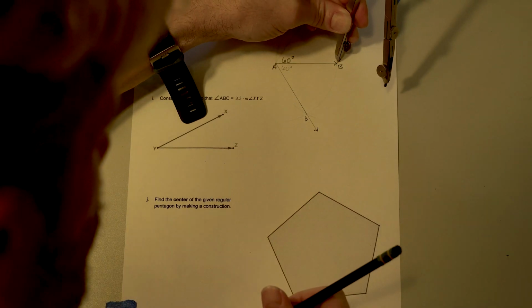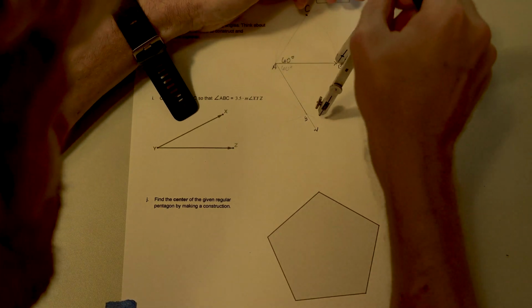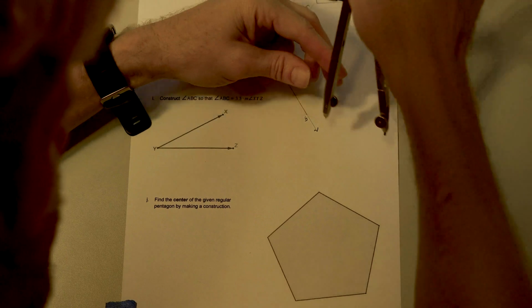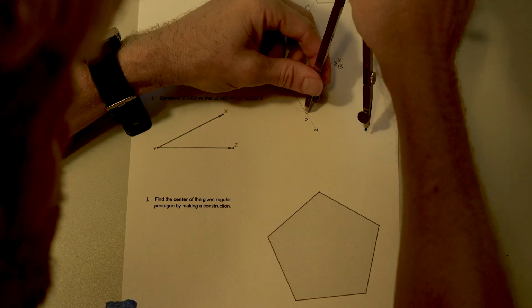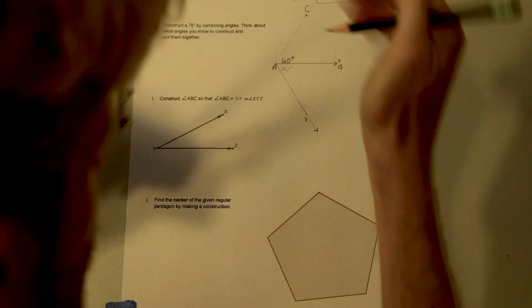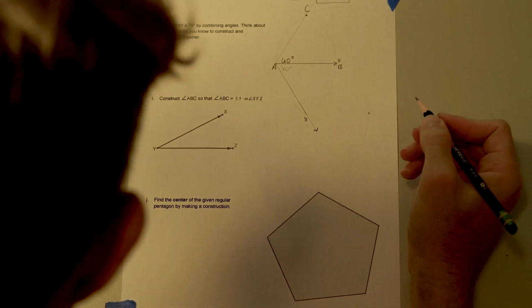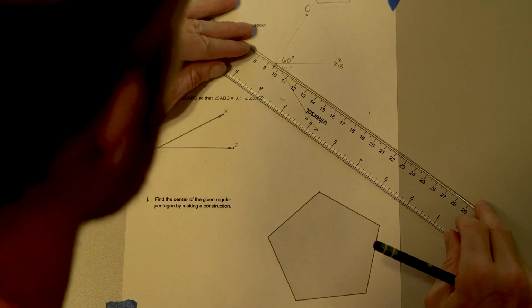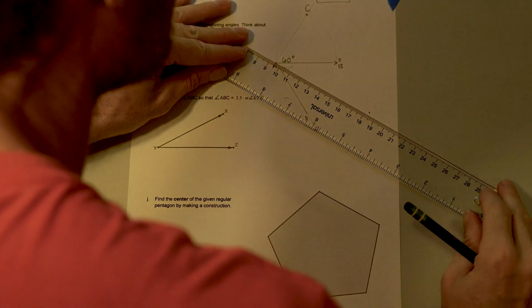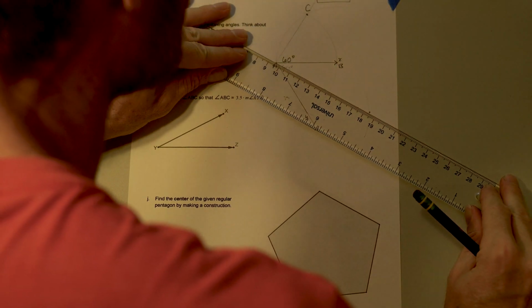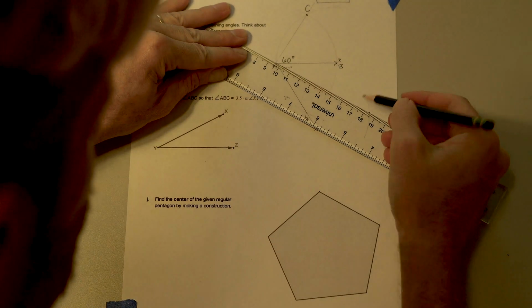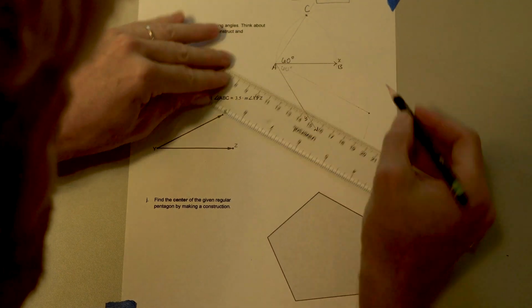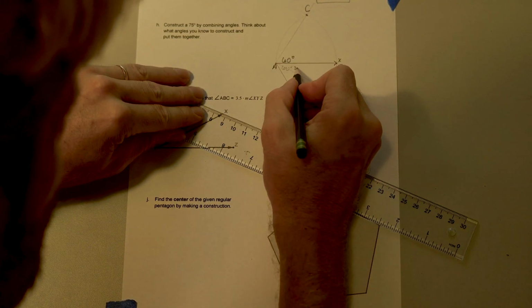Now I'm going to go from X and draw an arc, and from Y draw an arc and find that intersection. Boom, right there. So I've just cut this 60 in half. So this is now a 30.